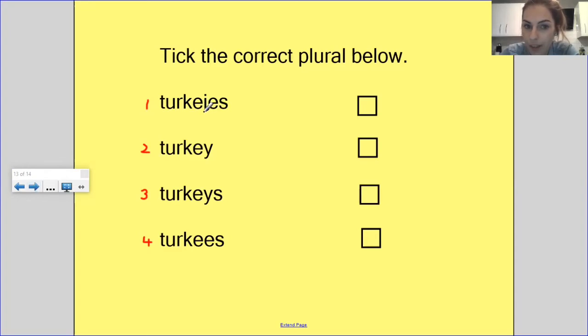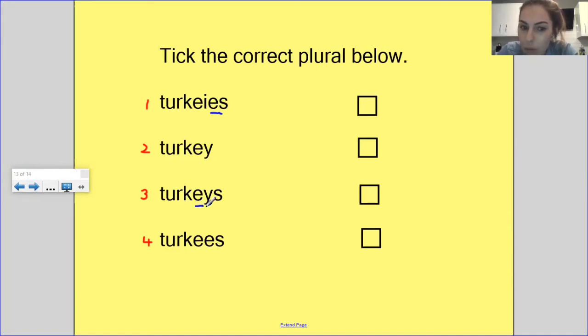Okay, so here I can see there's no EY and they've added ES, and that's not what we're doing today, is it? Number 2, can't see any plural there. It just says turkey. That's not plural, is it? Let's try number 3. Oh, I like number 3.